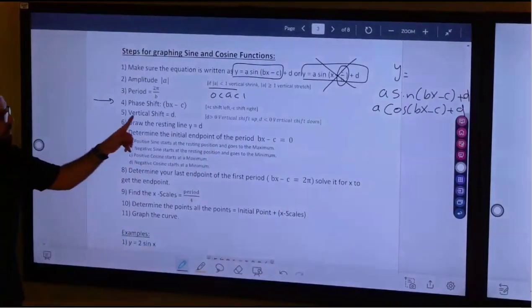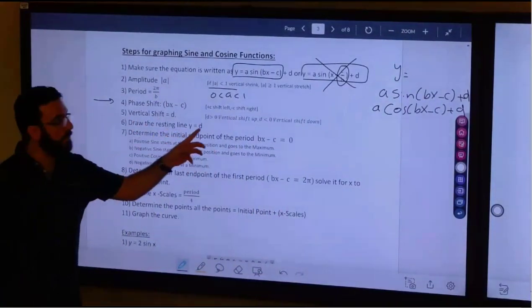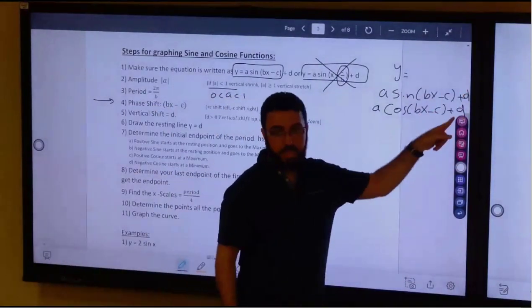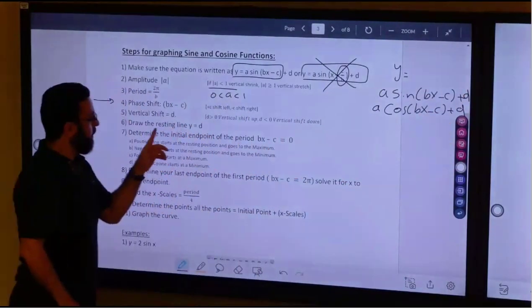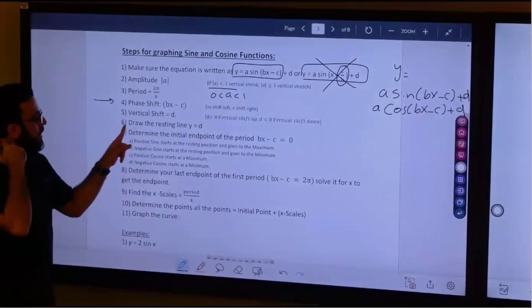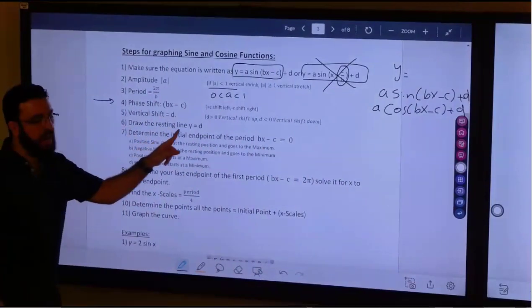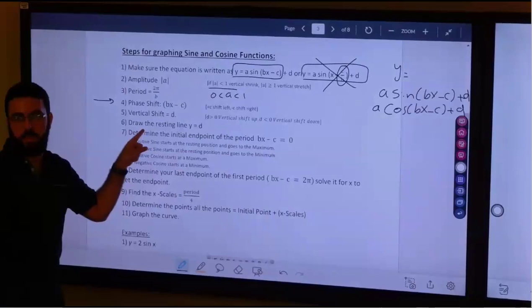The next step is what? We know the vertical shift with these two functions is D. The D is the vertical shift. Draw the resting line. That's important.